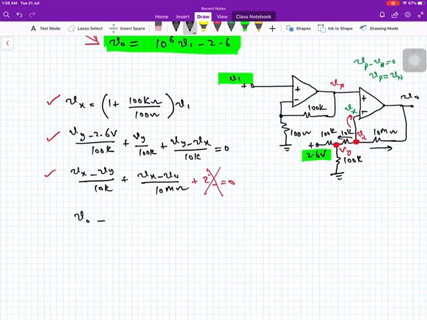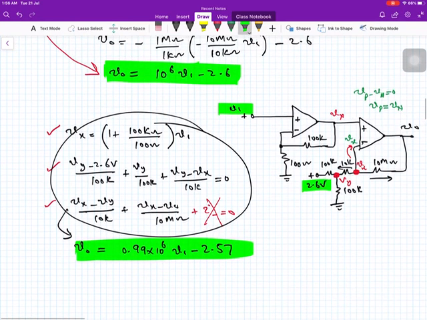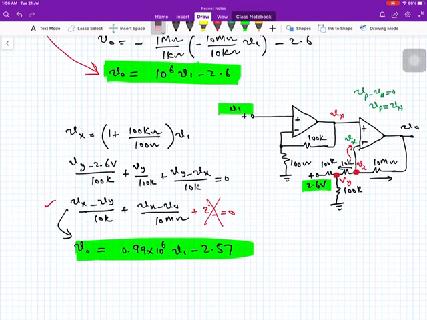VO is equal to, you have to do it by yourself. These three equations give us VO equal to 0.99 times 10 raised to the power 6 V1 minus 2.57. So this is our final expression. Compare this with the previous results.